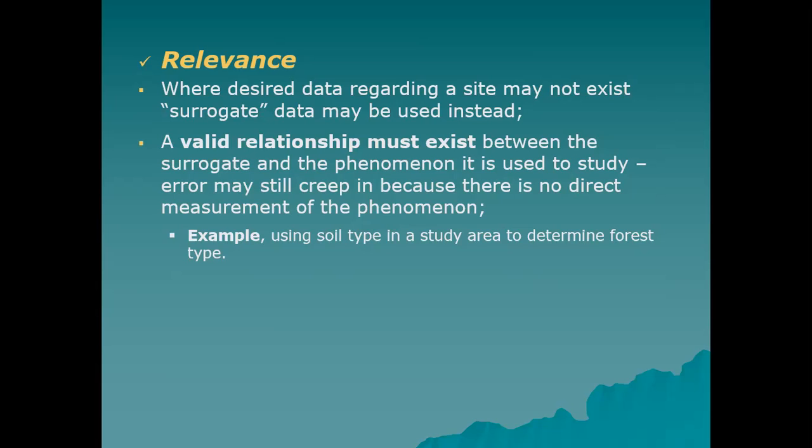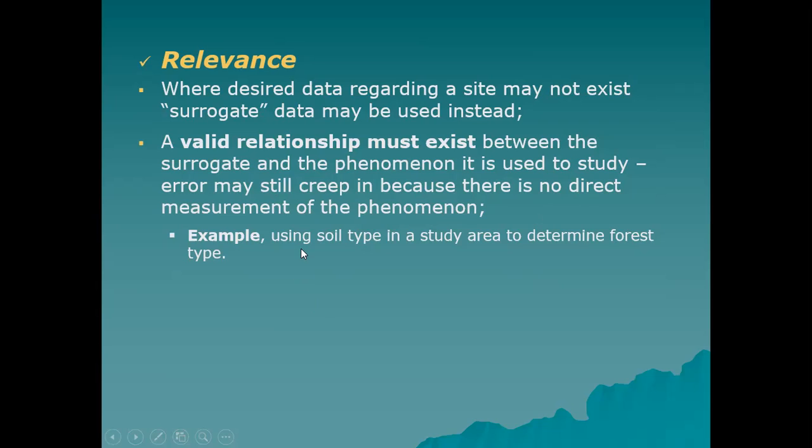That valid relationship is what we're talking about in terms of relevance. If you don't have proper relevance between them, error will creep in because there's no direct measurement for the phenomena.